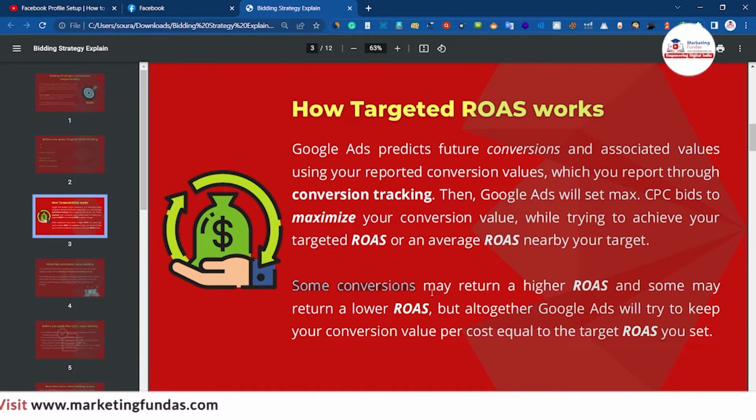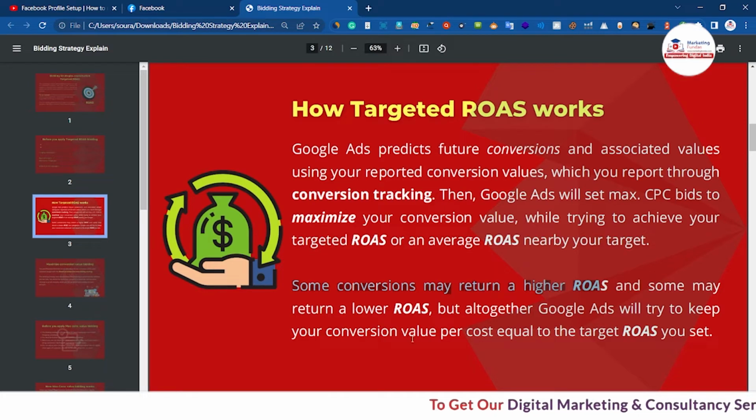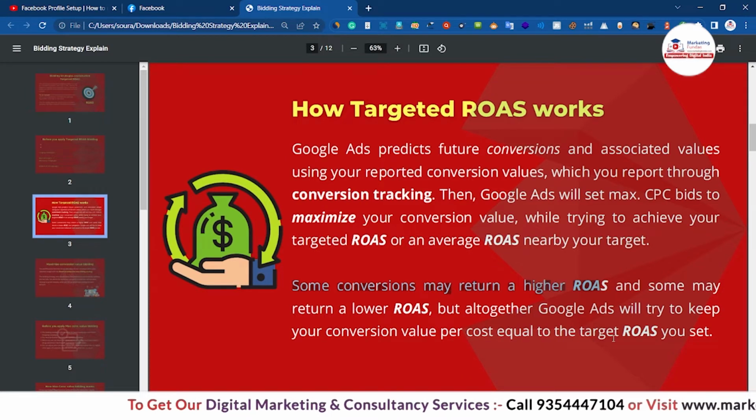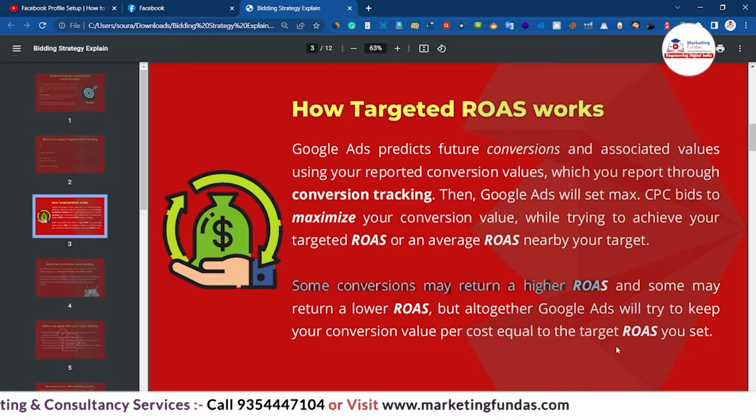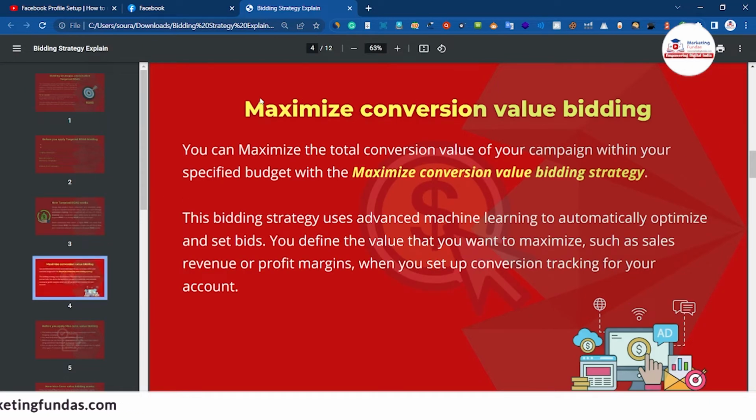Also, some conversions may return a higher ROAS and some may return a lower ROAS. But altogether, Google Ads will try to keep your conversion value per cost to the target ROAS you set. So this was all about the targeted ROAS bidding strategy. Let's go to the next bidding strategy, and that is maximize conversion value bidding.